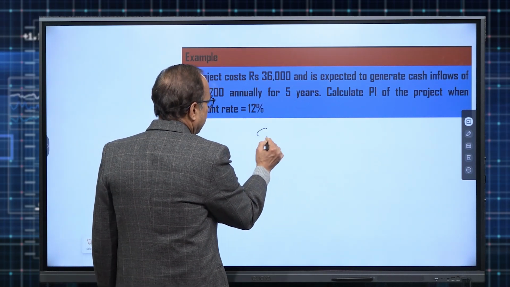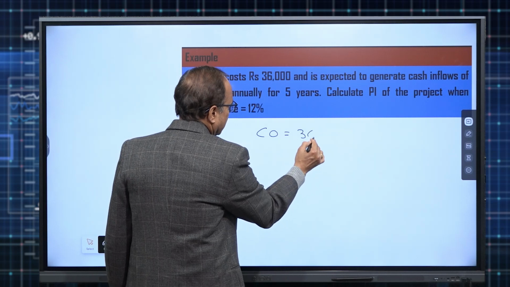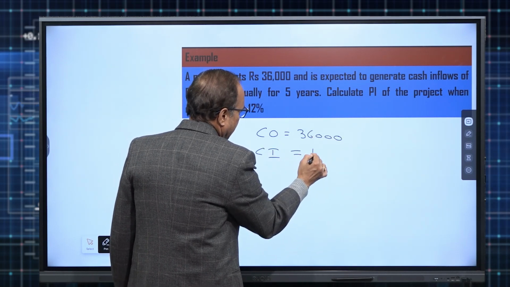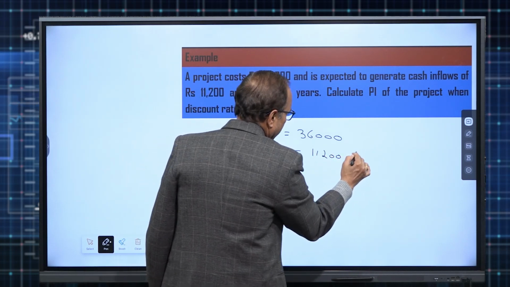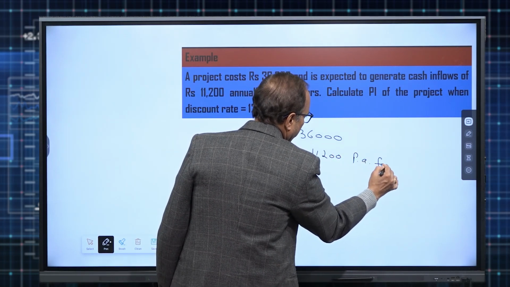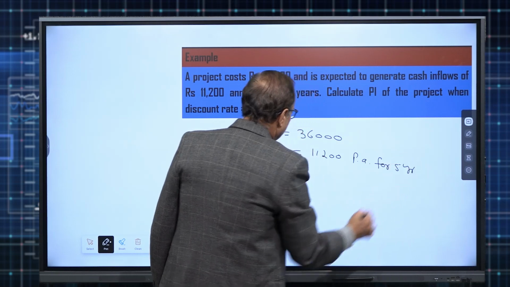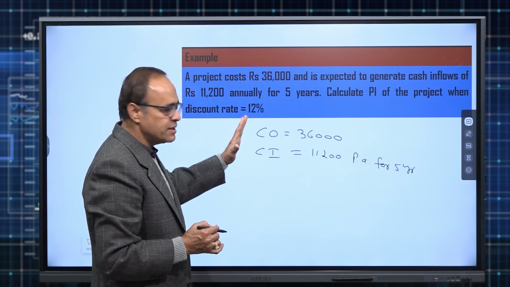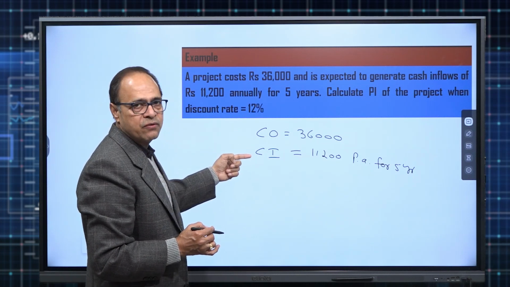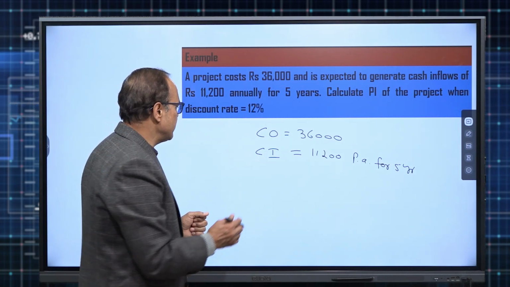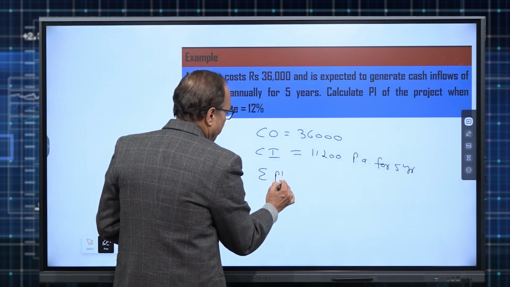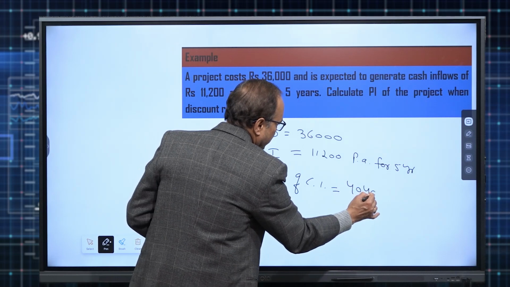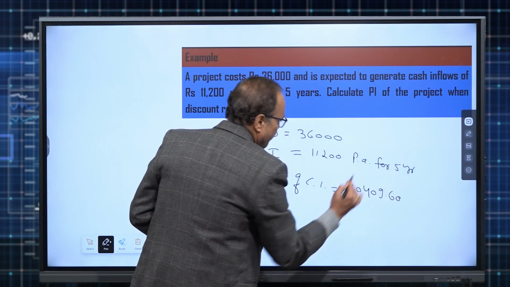First of all, cash outflow is 36,000. Cash inflow is 11,200 per annum for 5 years. Step number 3, calculate PV of cash outflow. It remains 36,000. Calculate PV of cash inflow. We have just calculated it in the previous slide. So the summation of PV of cash inflow was 40,409.60.